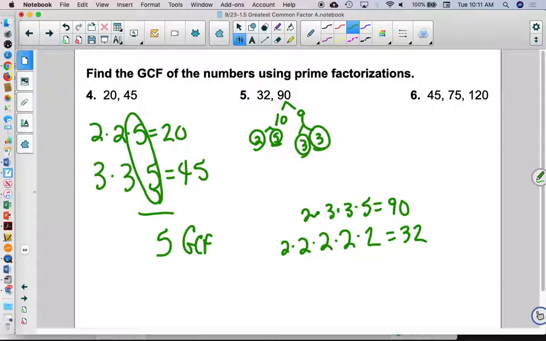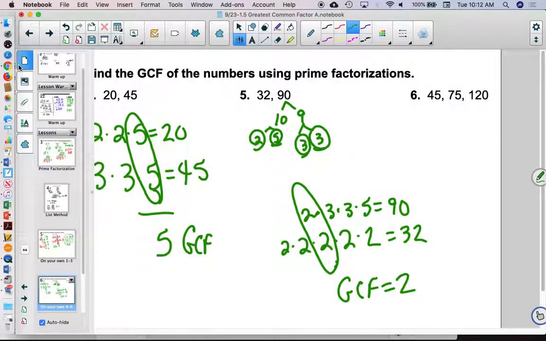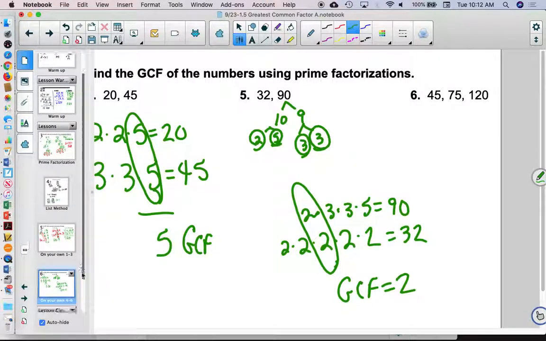It's the only one that I can put together right there. That's it. Okay? How do you feel about finding the greatest common factor now? I like that.